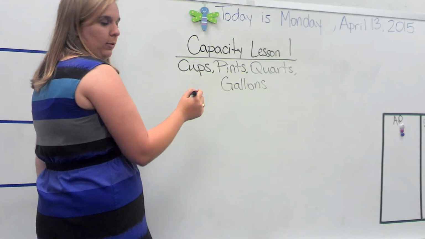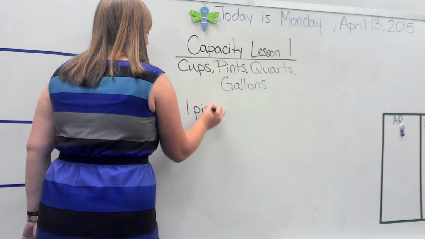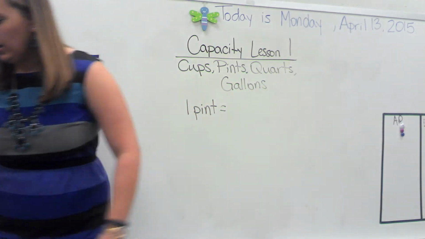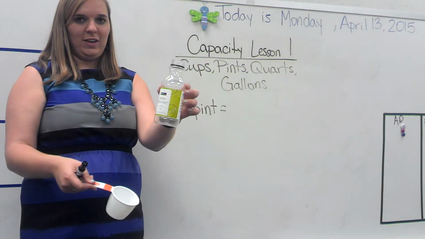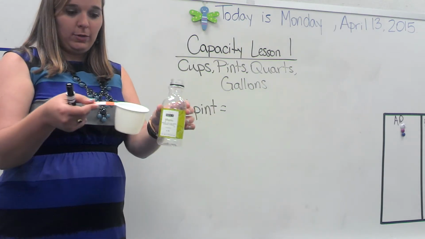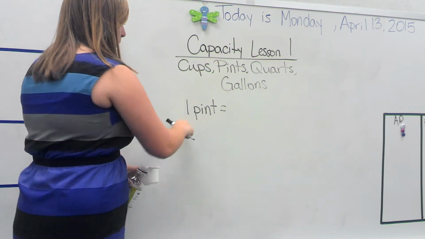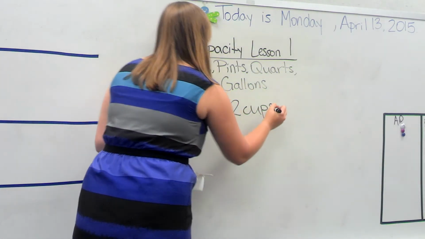Let's start with pint. 1 pint is equal to something less than it, okay? And what I mean by that is so many of the smaller one, the cup, can fit inside the pint. And believe it or not, 2 of these cups can fit in a pint. So 1 pint is equal to 2 cups. All right?